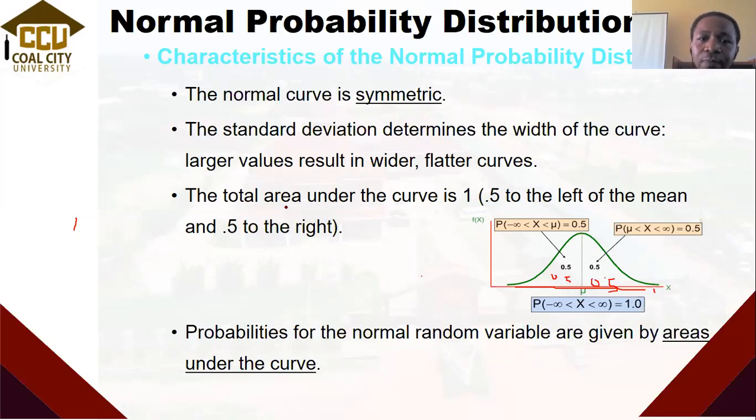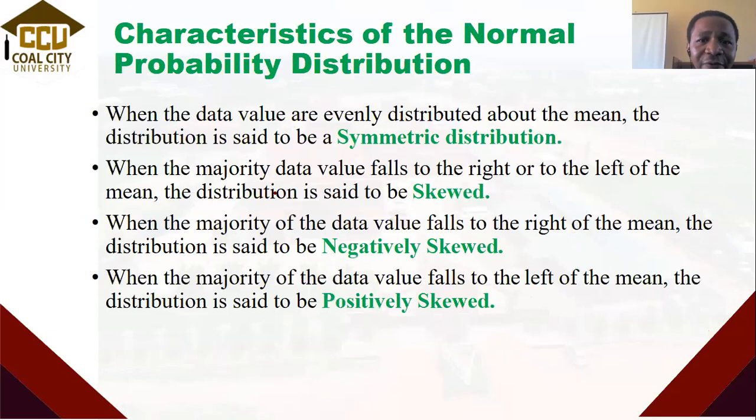Another important fact about the normal distribution curve is that when data are evenly distributed around the mean, we say such a distribution is symmetric.